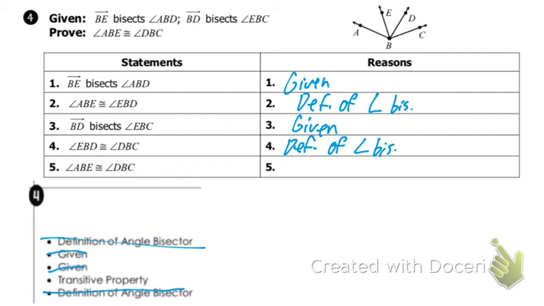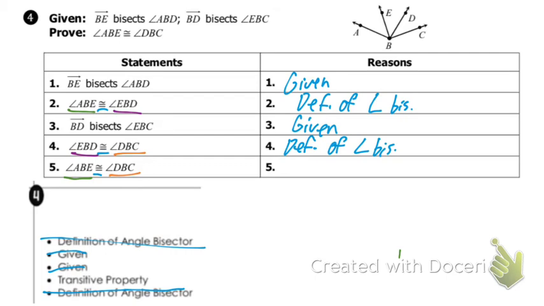So now, I said earlier when you see 3 equal signs in a row, now we don't see 3 equal signs, but instead we see 3 what? Congruent symbols. Congruent, congruent, congruent. And are we seeing each of these things twice? Angle ABE, we see that twice. Angle EBD, we see that twice. And angle DBC, we see that twice.